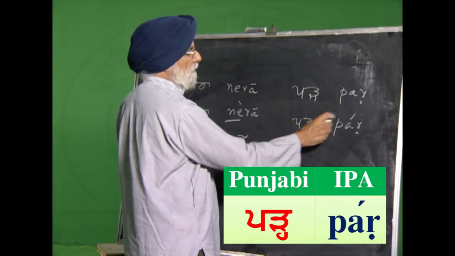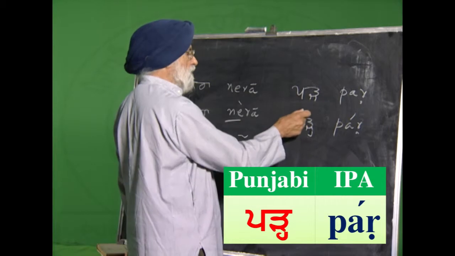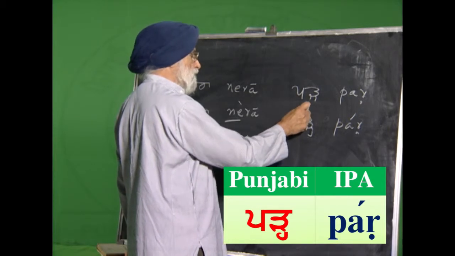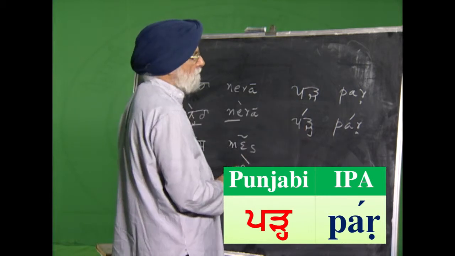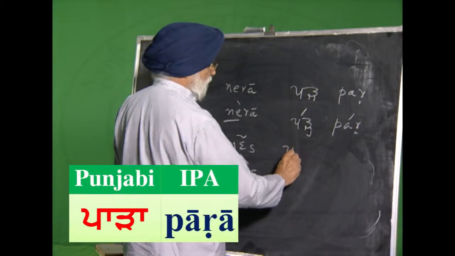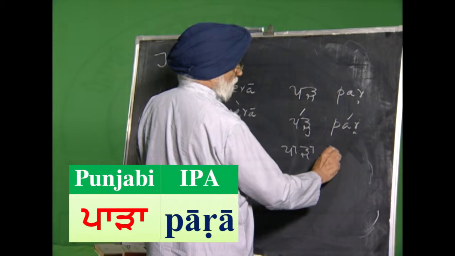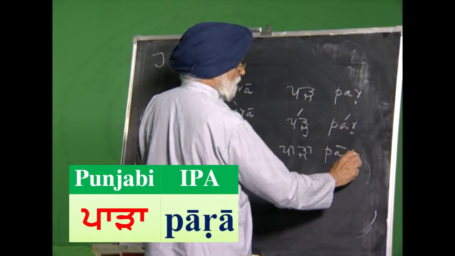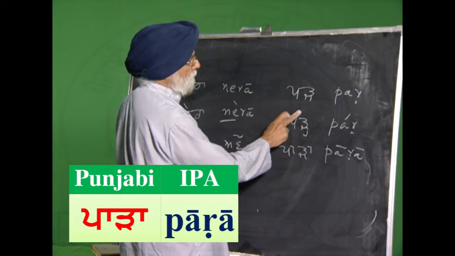So there will be a high tone before the consonant, like here in this position. For example, there is a word like this, pada. This is a long vowel, and this was a short vowel here.